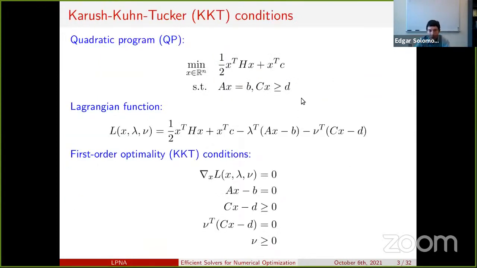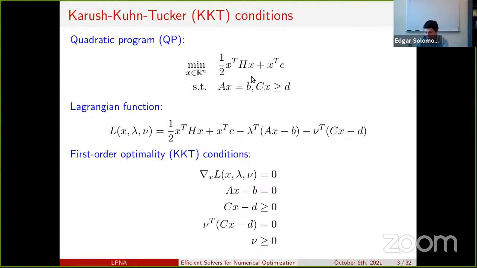In the first part of the talk, I will talk about interior point methods for constrained quadratic programs. Here we'll consider a Hessian matrix H, equality constraints defined by matrix A, and inequality constraints defined by matrix C. These types of QPs arise in all types of problems, but they have been especially studied in the context of numerical PDEs and interior point methods, where H and A have a particular sparsity structure.